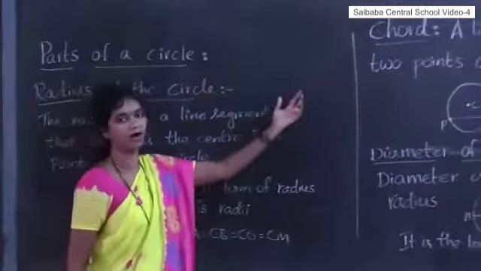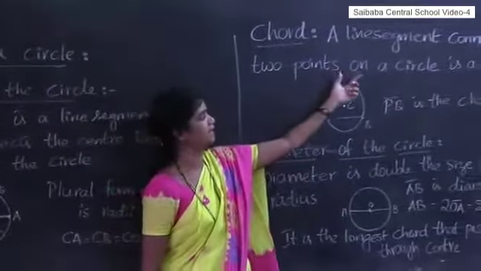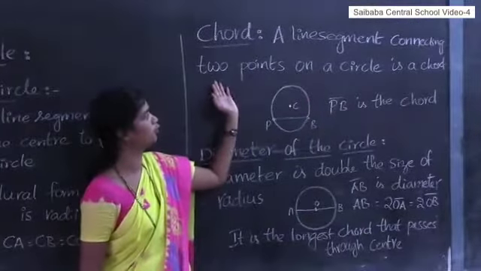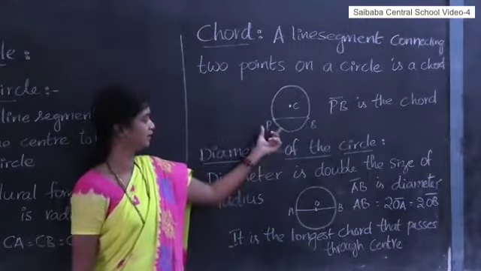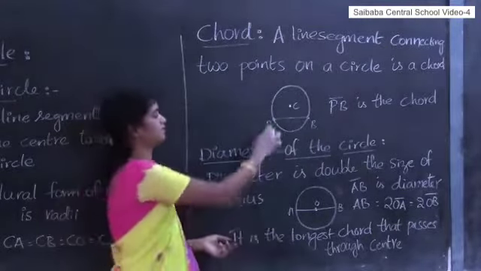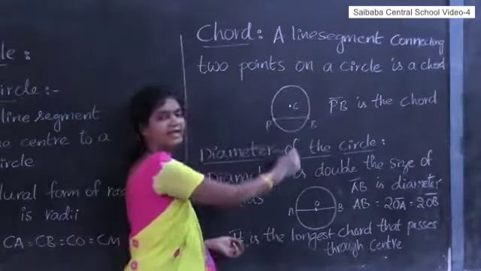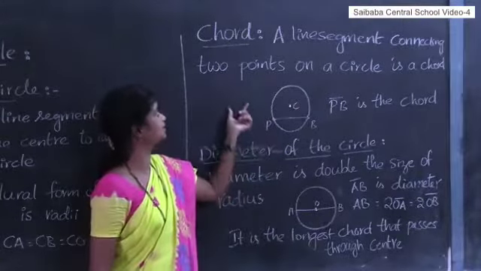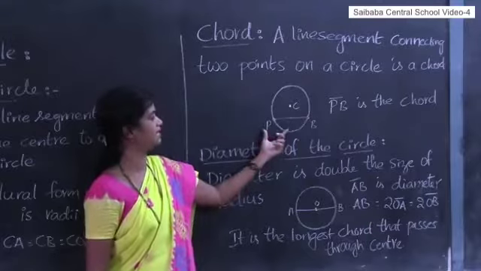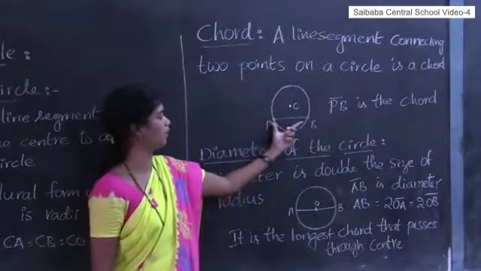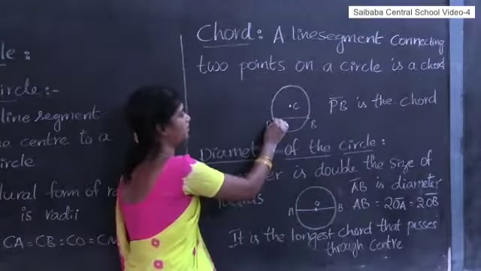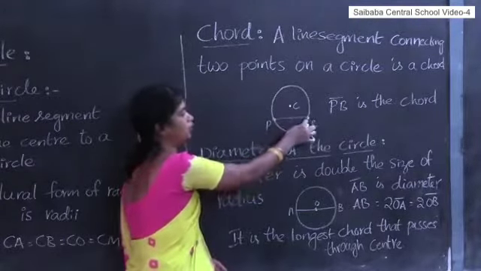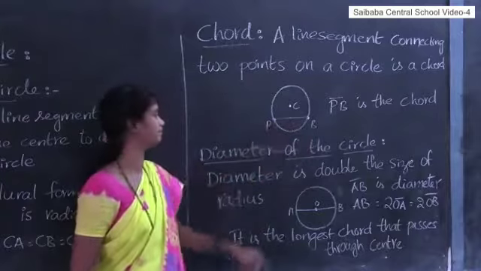Next, chord. The line segment connecting two points on a circle is a chord. Radius means from the center to a point on the circle, but the chord is the line segment joining two points which are on the circle. So here P and B are two points on the circle.